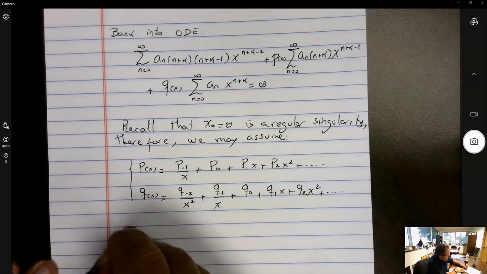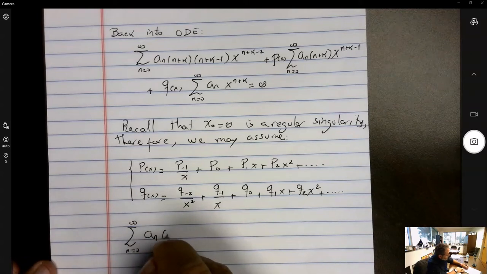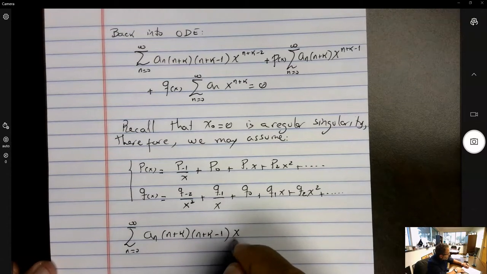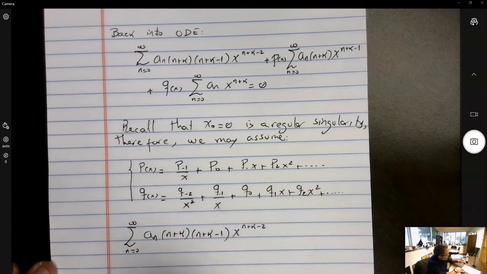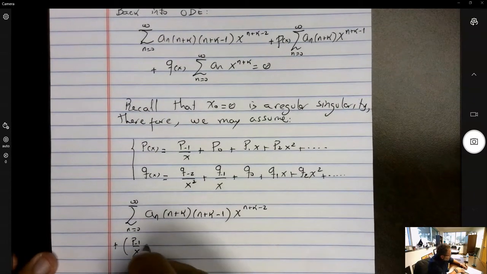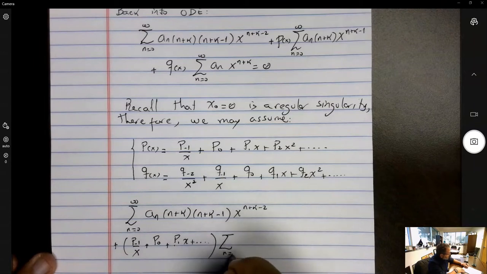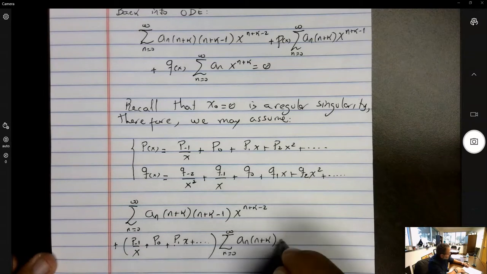So the first series goes like a_n (n plus k)(n plus k minus 1) times x to the n plus k minus 2, plus p_minus1 divided by x, plus p0 plus p1 times x, plus so on and so forth, multiplying the summation from n equals 0 to infinity of a_n times (n plus k) times x to the n plus k minus 1.